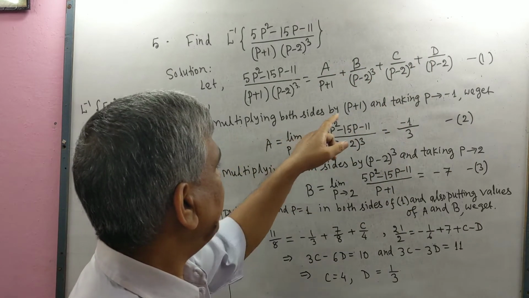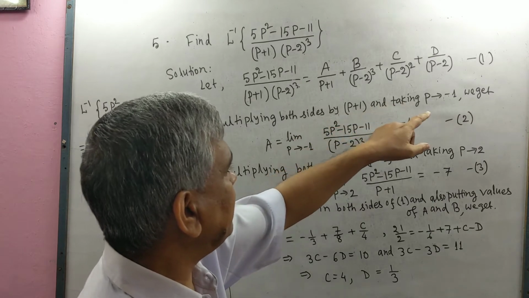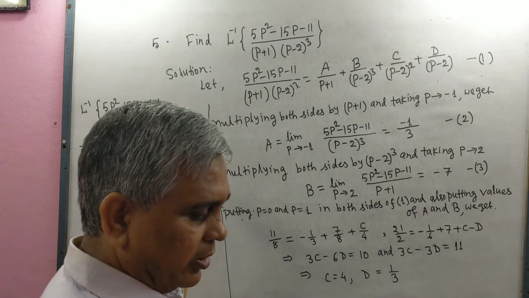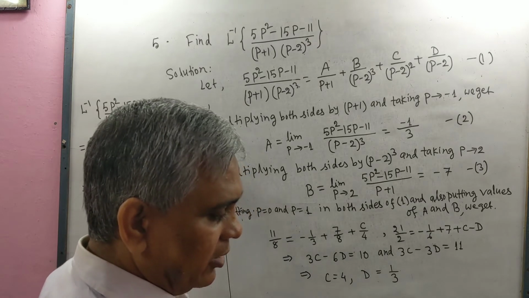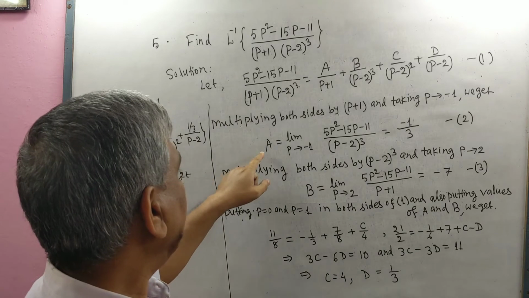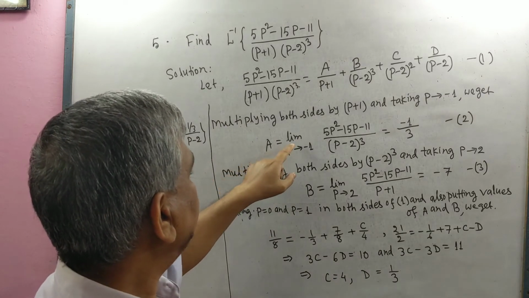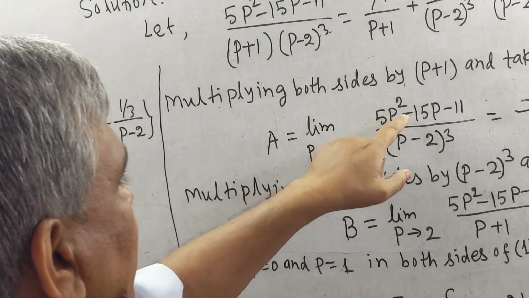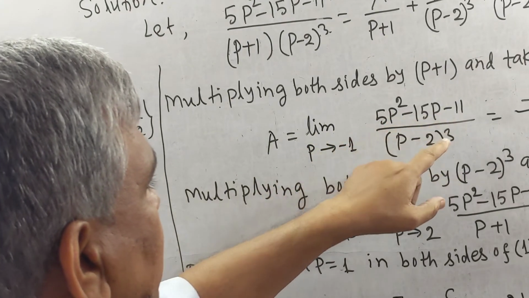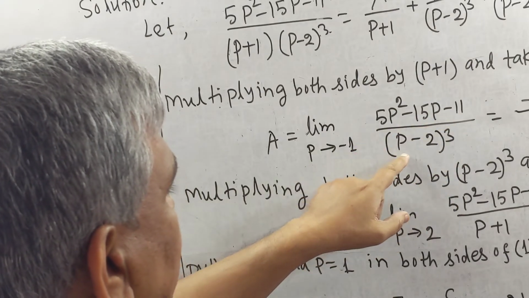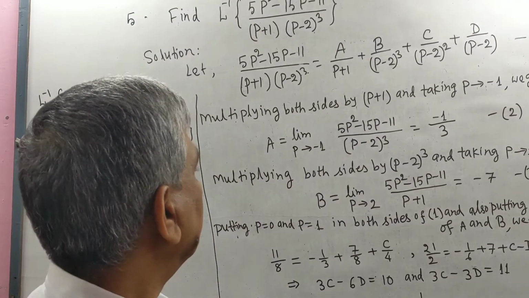Multiplying both sides by p plus 1 and taking p tends to minus 1, as we have done in the previous problem method 2, we get a equal to limit p tends to minus 1 of 5p square minus 15p minus 11 by p minus 2 whole cube.